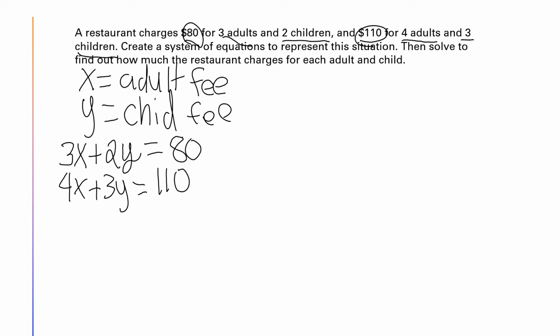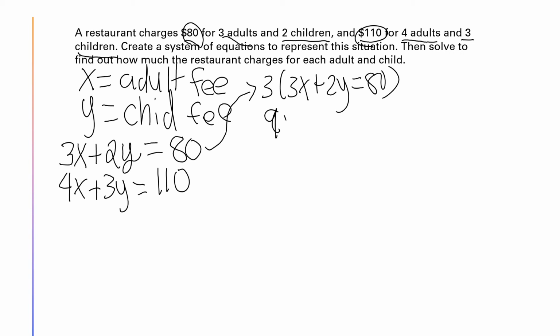In order to do that, 2y and 3y have a common multiple of 6, so we would convert the first equation by multiplying by 3. So 3 times 3x plus 2y equals 80 would become 9x plus 6y equals 240.